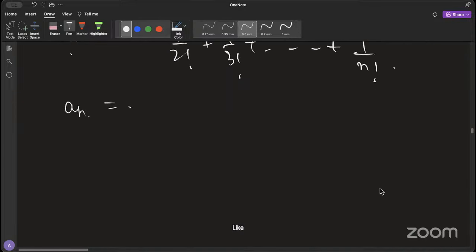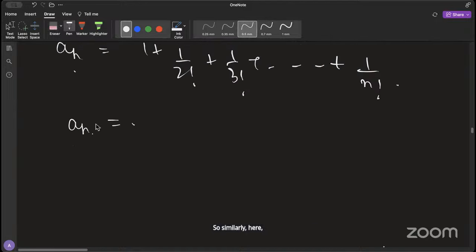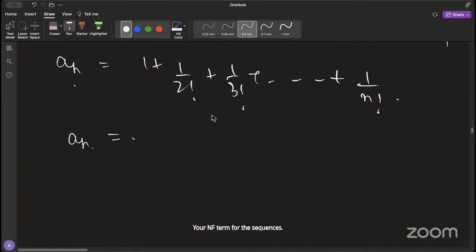Like the nth term of your sequence 1 by n. This is your sequence 1 by n. But what's my second term for this sequence? It's 1 by 2, right? So similarly, here, your nth term for this sequence is this. And how can I write this?